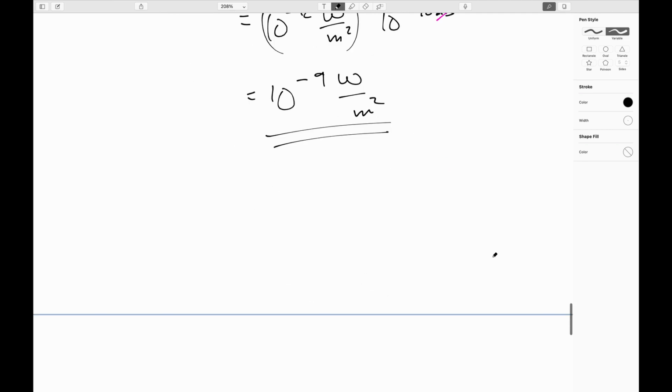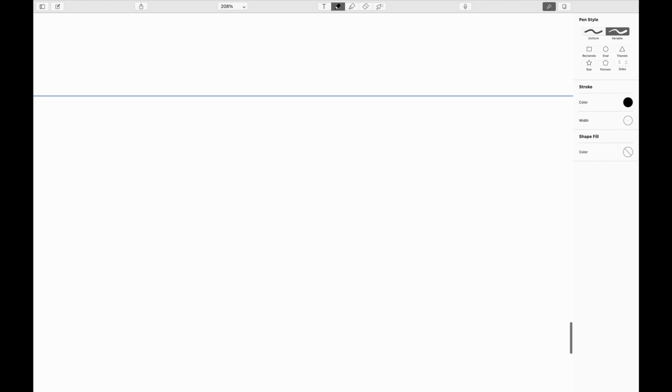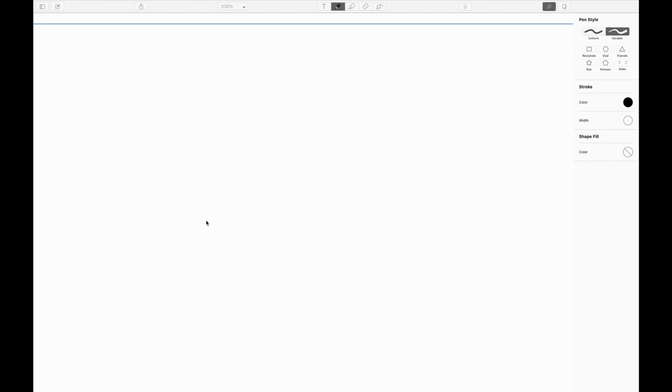All right, let's just do one more for what if it turns out to be the case that we don't have a nice clean exponent. So let's try one that will turn out to be below the threshold of human hearing. We'll do a sound intensity level of negative 25 dB. And we, again, want to find out what the intensity is.